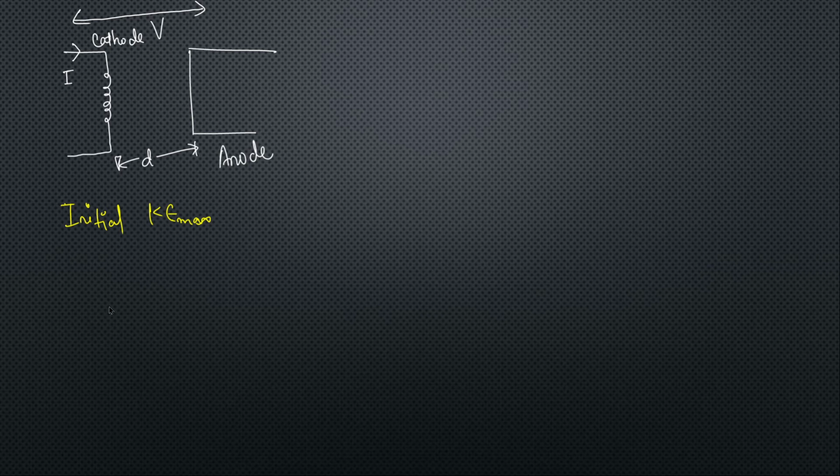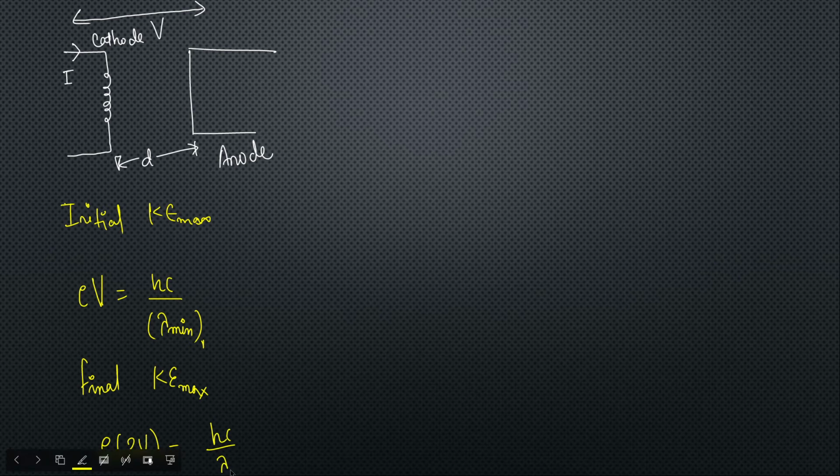Initial KE max would be the charge of electron times the potential difference, eV, which equals hc by lambda minimum 1. That's the initial minimum wavelength. And final KE max would be e multiplied by 2V, which equals hc by lambda minimum 2.